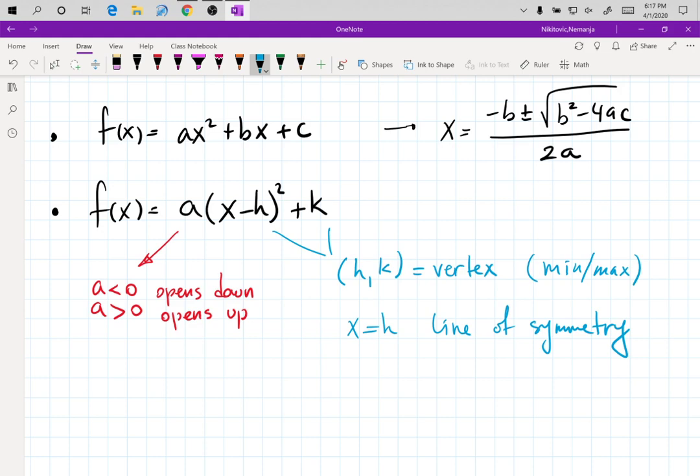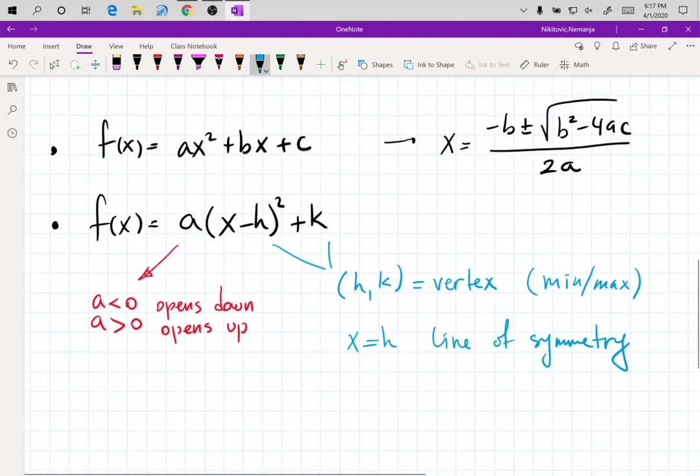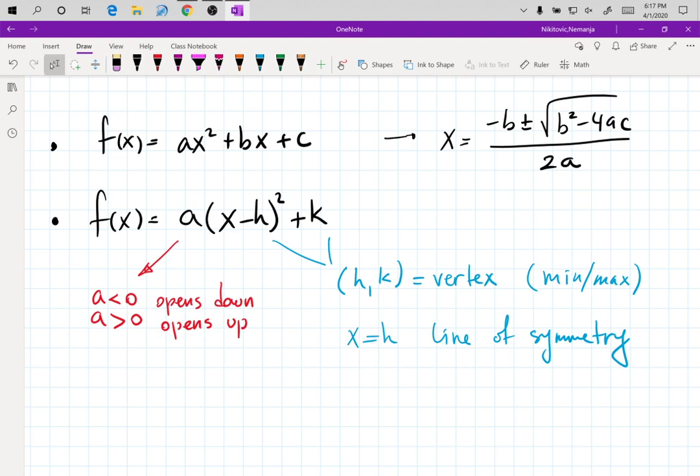And technically, I think that is it for 2.2. There is nothing else. Two forms, and we have the few of these formulas. That's it. I don't think there is anything else that we need to worry about here.